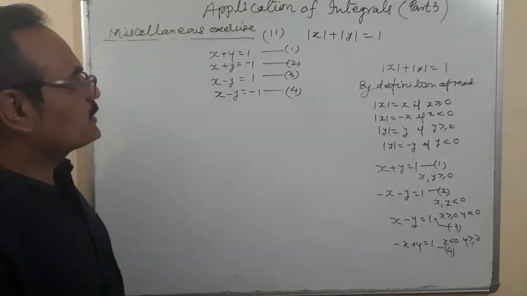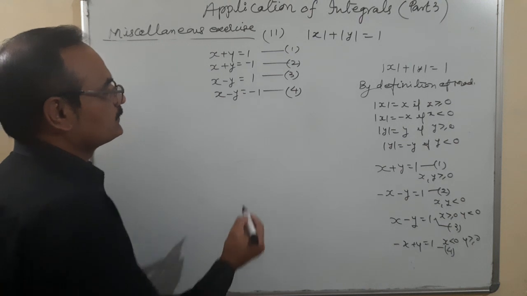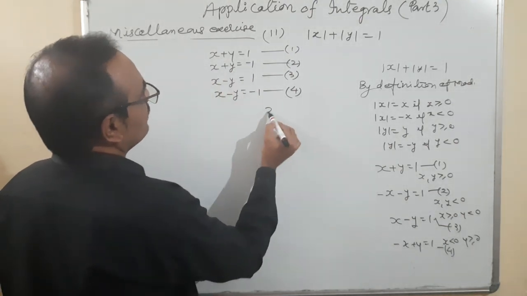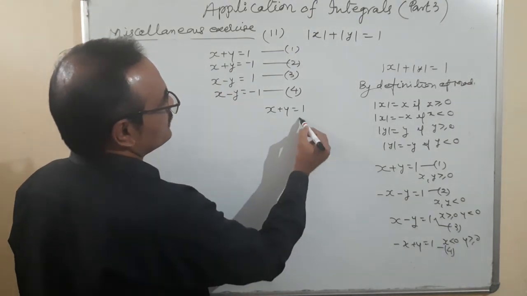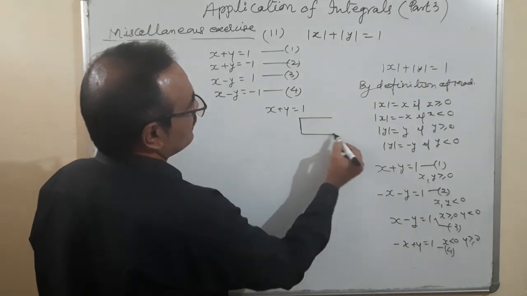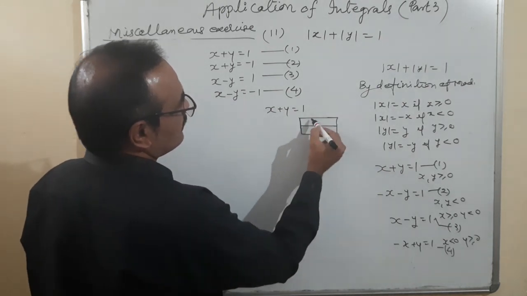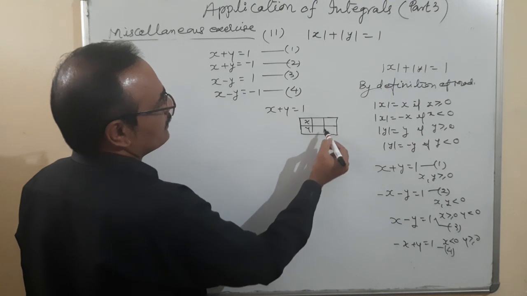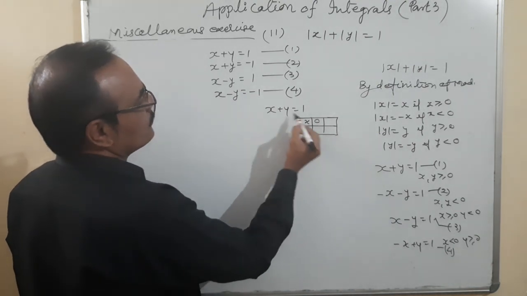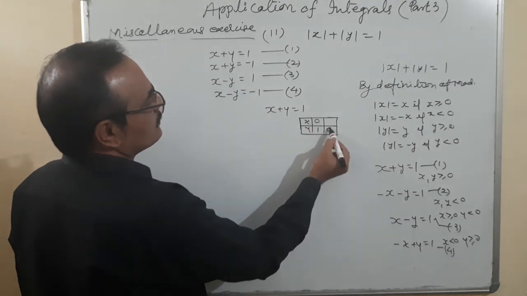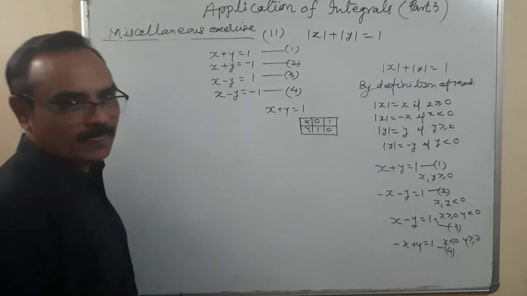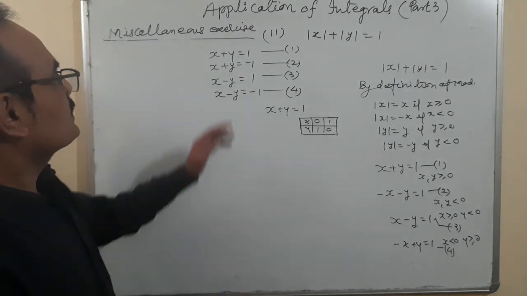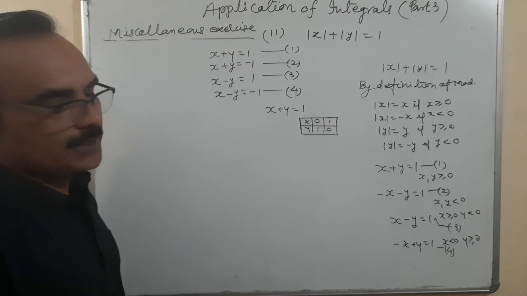Now what happens when we substitute the values and find out the table for x plus y is equal to 1? Which type of table is required here? X, y: x 0, y 1, y 0, x 1. That is 1, because x, y both are positive here.